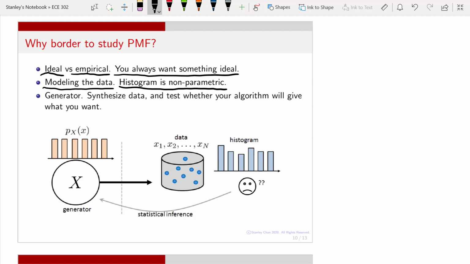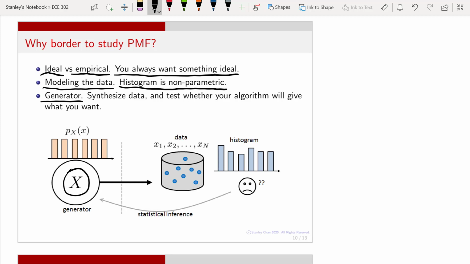So this is a summary of the data. The third reason why we want to study the probability mass function is the generative approach. The idea is that you want to synthesize data and test whether your learning algorithm is giving you what you want. Let me show you a diagram here. Suppose you have a random variable x. And this random variable, of course, has to come with a probability mass function, so you know what kind of numbers are being generated.